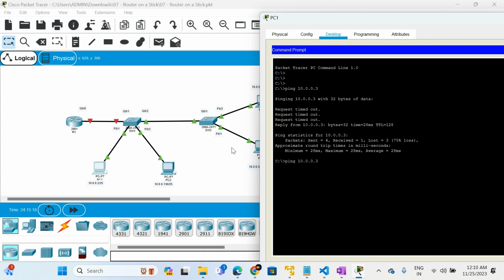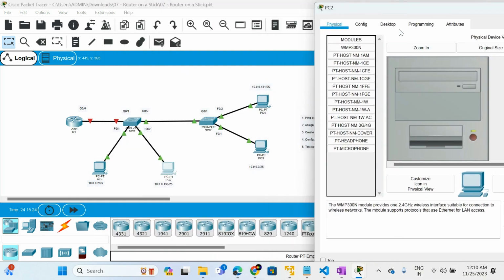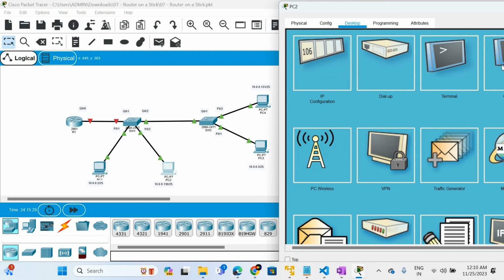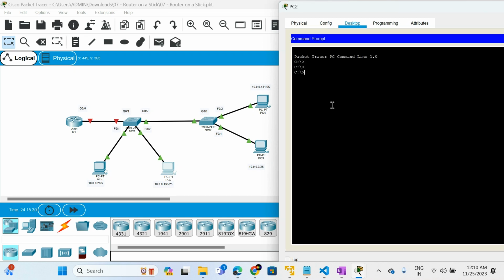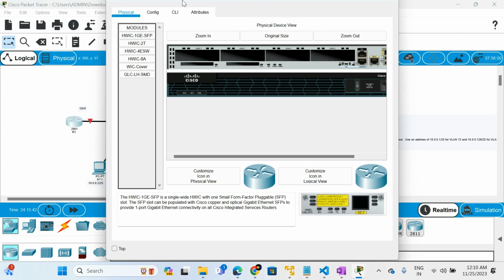Yes, it is reachable and working as expected. That's a good sign. Let's check VLAN 24 as well: 10.0.0.131, I'm able to ping. Everything works here.